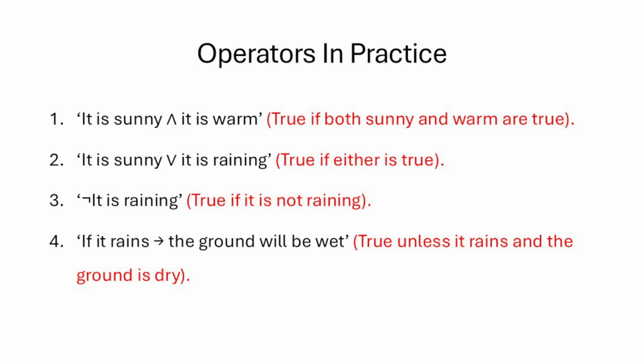So at this point, it would be a good idea to jump into the comments and try and write a sentence that uses one of these operators and actually translate it into symbols. If you can't figure out how to type those symbols, you can do it on a bit of paper, back of an envelope.